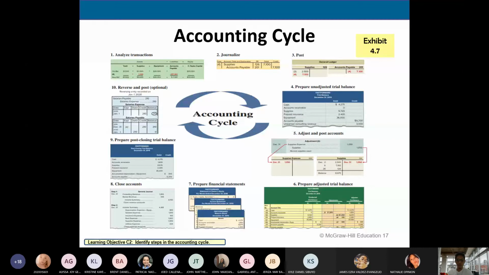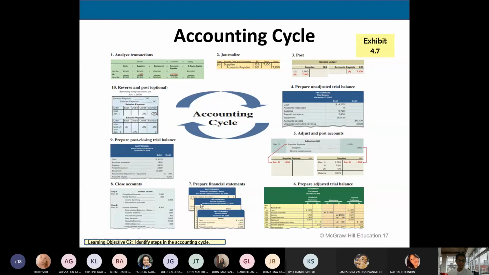Okay? Ngayon, i-adjust na natin yung mga transactions that require adjustments or i-provide na natin yung adjusting entries for transactions that require adjustments. Tama ba? We prepare the adjusted trial balance.